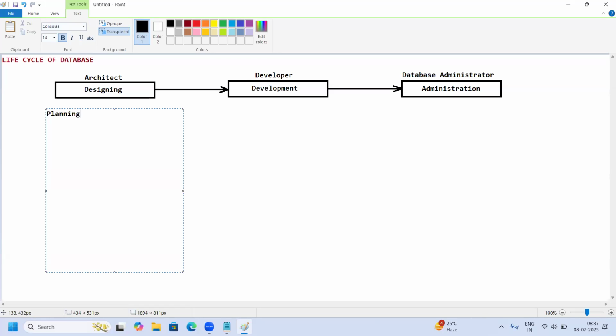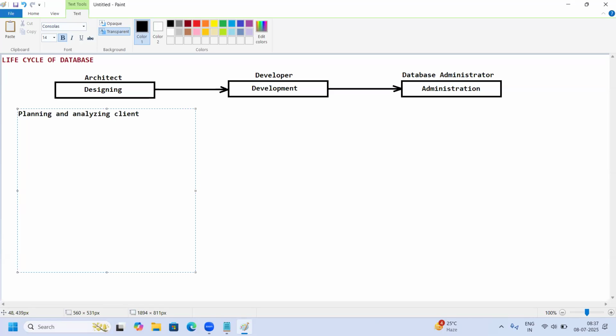Planning and analyzing client requirements. First understand what the client needs, what the client is asking for.